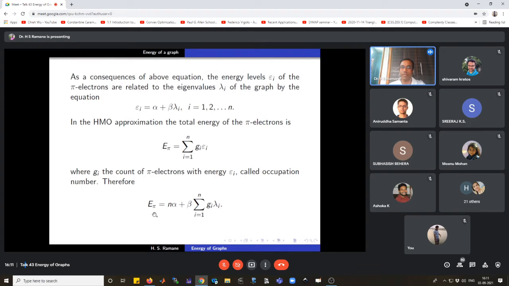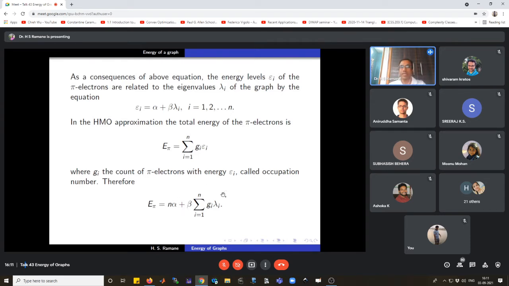So we get the summation of g i into alpha plus beta into the summation of g i into lambda i. And the sum of g i is n, so it is n alpha. So the total pi electron energy of the molecule is n alpha plus beta into the summation of g i lambda i.